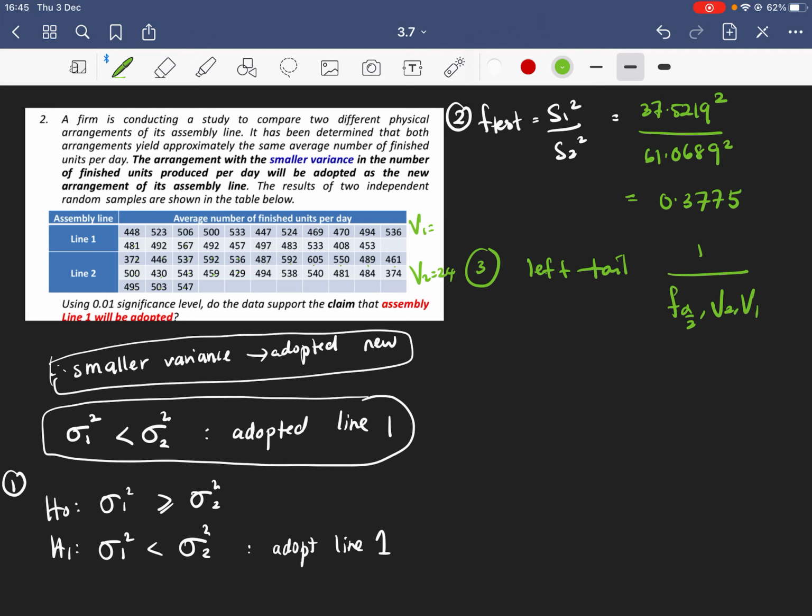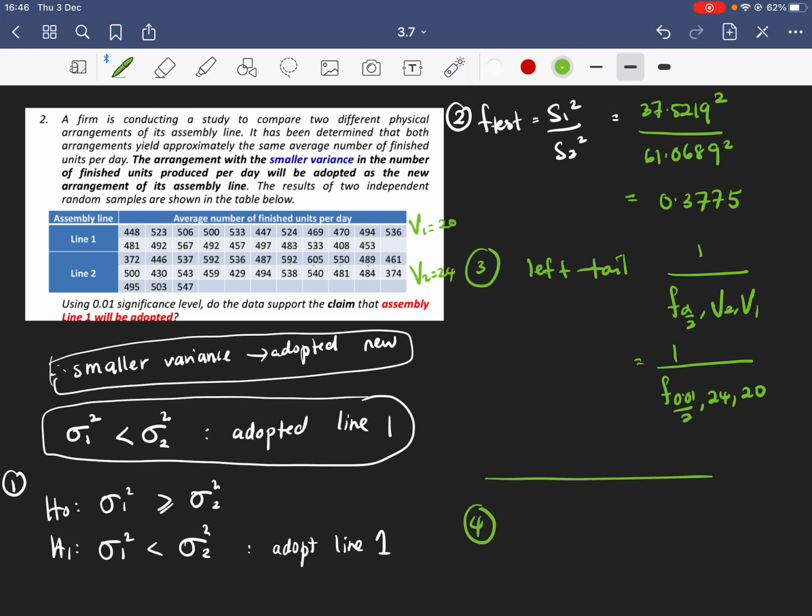For the other, 2, 4, 6, 8, 10, 12, 14, 16, 18, 20, 21 minus 1 is 20. So here is 1 over F 0.01 over 2. Nu 2 is 24, nu 1 is 20. Okay, you can find.